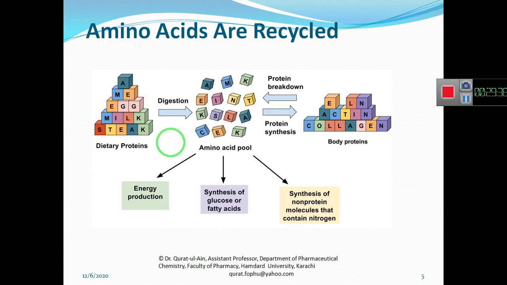These amino acids are then absorbed from your small intestine into the microvillus cell, and from the microvillus cell they enter your blood vessels, and from the blood vessel they are transported to your liver, and in the liver they are stored for a short period of time. Then from this store these amino acids can be used to synthesize other proteins or transported.